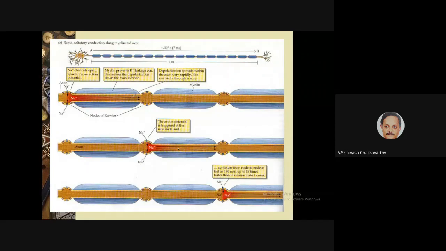Normally, when a wave propagates along a cable, because of resistive elements in the cable, it dissipates energy and therefore loses amplitude. But since the voltage sensitive sodium potassium channels are nonlinear, they are like active electrical elements. They can inject energy into the signal, into the circuit. So they are able to charge up the action potential as it is propagating, and they keep it intact, and it's able to propagate intact along the cable.